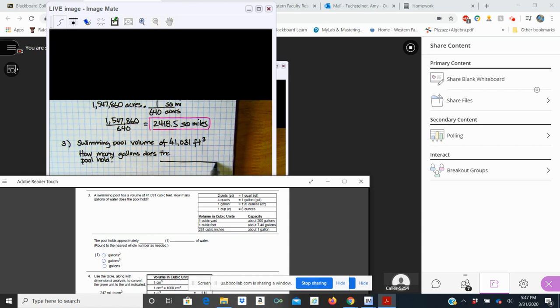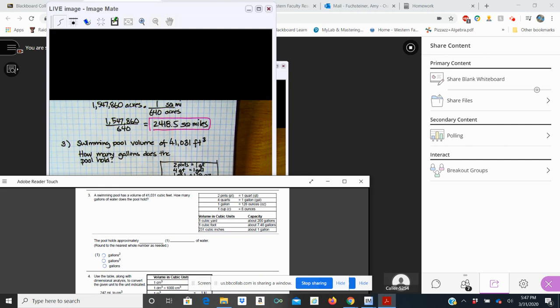Now over here on the right side, I've got a big old table. And it tells me stuff like 2 pints is equal to 1 quart. And below that, it's got 4 quarts in 1 gallon. And below that, we've got 1 gallon is 128 ounces. We've got 1 cup is 8 ounces.